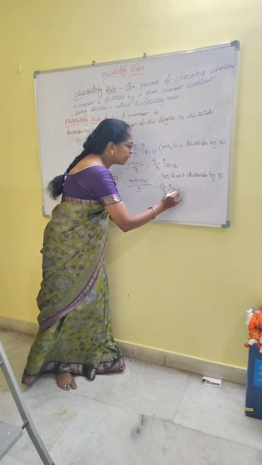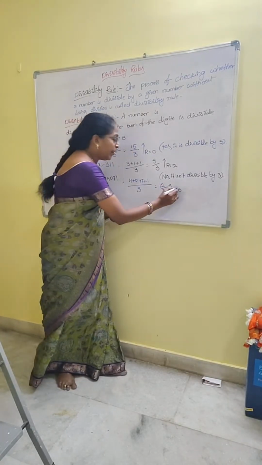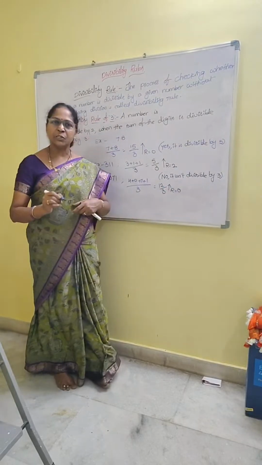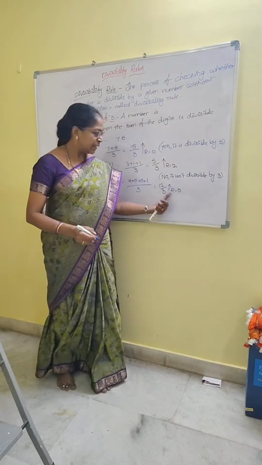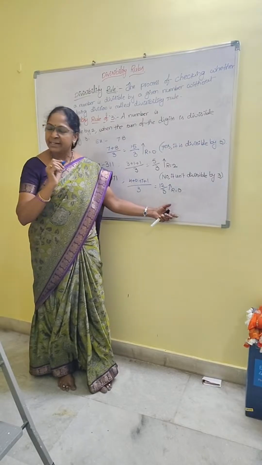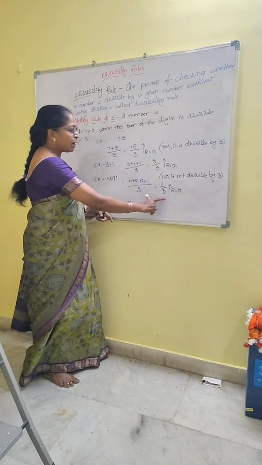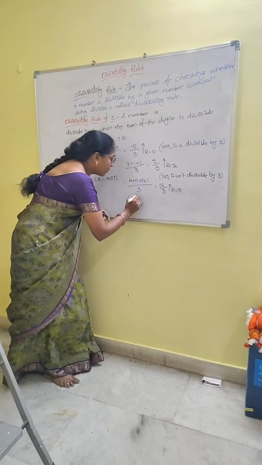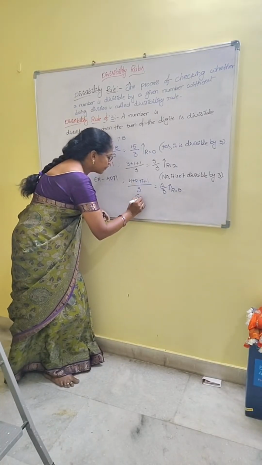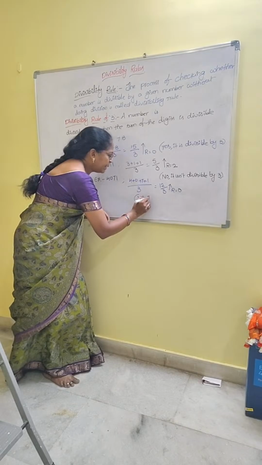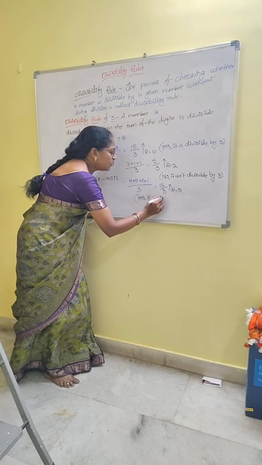So we are getting remainder 0. Whenever we are getting remainder 0, the meaning is the number is exactly divisible. Like that you have to check it. Later you have to write yes, it is divisible by 3.